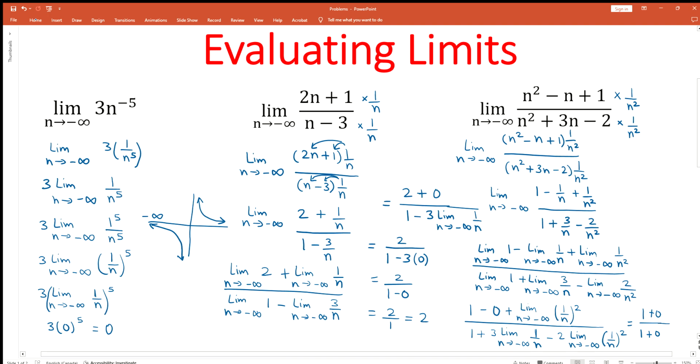And the value of the next limit is also equal to 0 because as n approaches negative infinity, 1 over n approaches 0 and 0 square is equal to 0 and negative 2 times 0 is 0. So I get 1 over 1 which is equal to 1. This should be the final answer for this third limit.